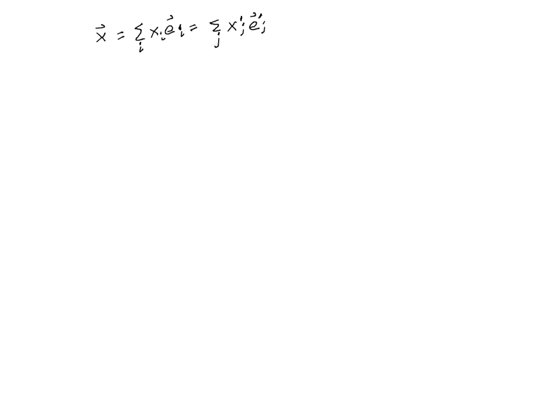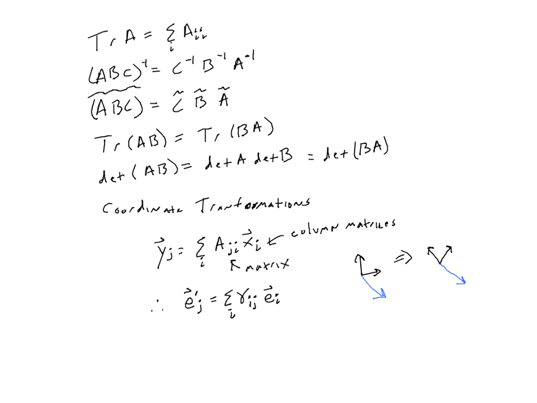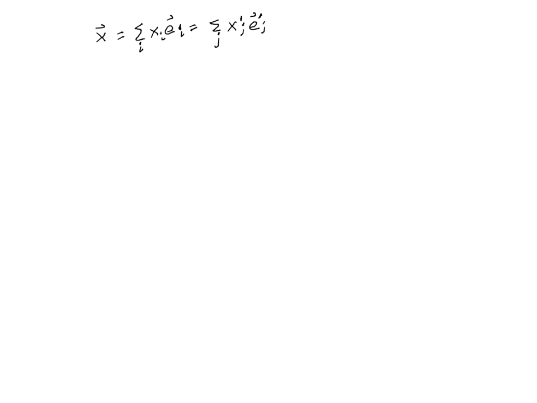So, since I can transform from one basis to the other, I can take this prime basis here and rewrite it as the sum over j of x prime j times the sum over i of gamma ij e sub i, right? And so if we look at this, we've got the same e sub i in this equation and the first equation.